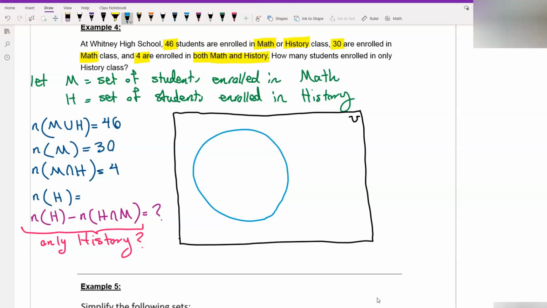Since I have the intersection between M and H is that one, I'm drawing this way. So that is H, and here is M. First, starting with what we have in common. So what is between these two circles is 4.